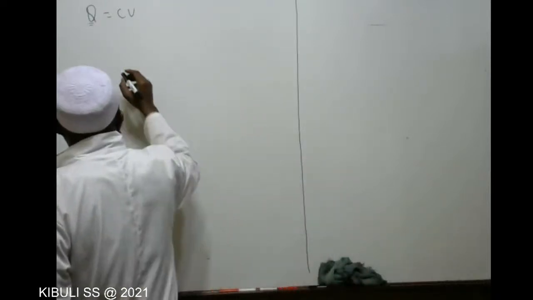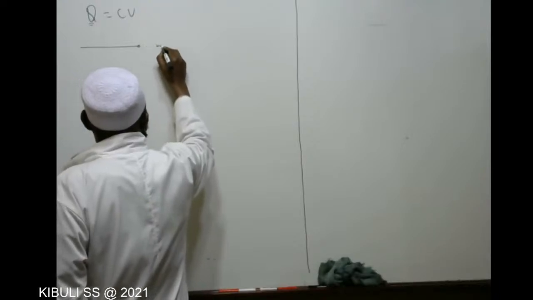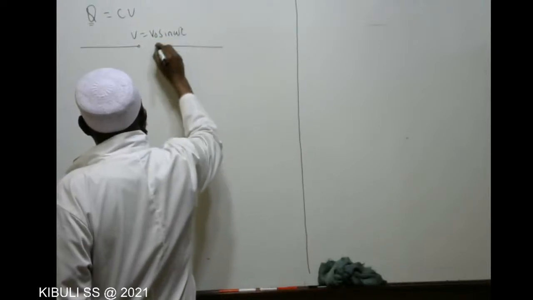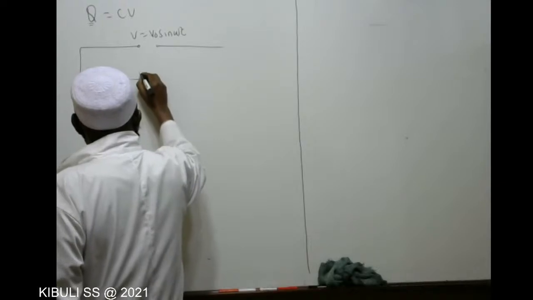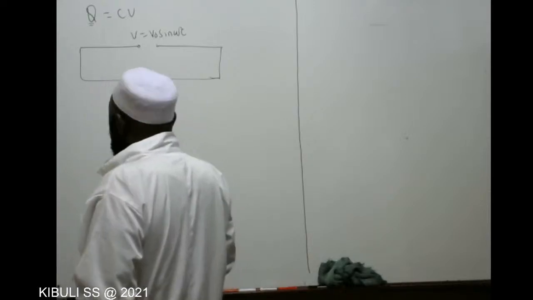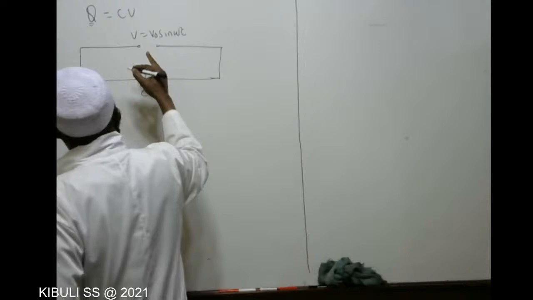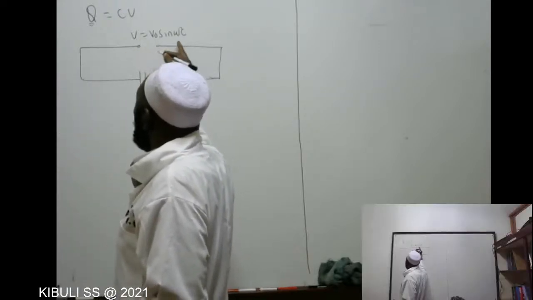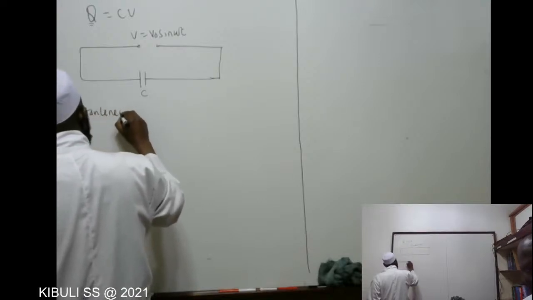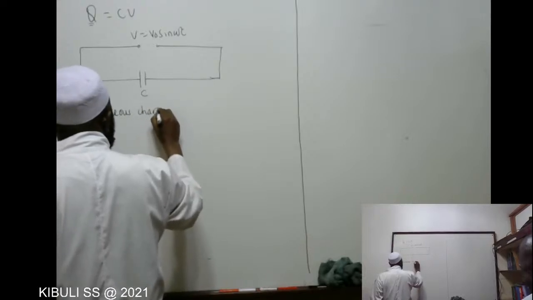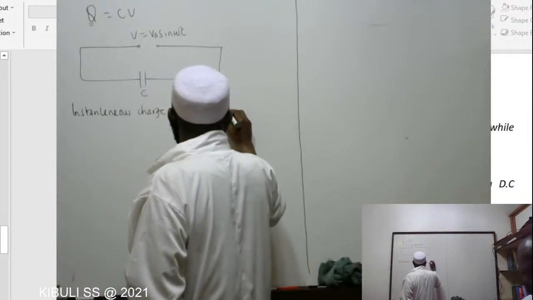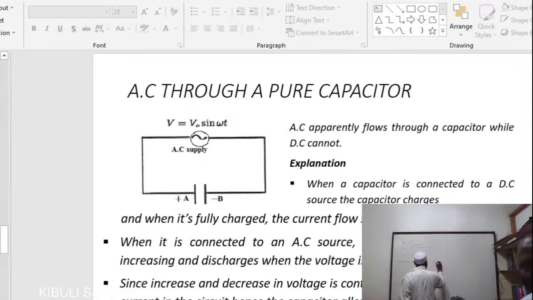We say that if this is our circuit, in which the supply voltage is V0 sine Wt, and then connected to a capacitor of capacitance C, we are interested in getting an expression for the instantaneous charge Q, which is going to be given by CV, which is the same as CV0 sine Wt.